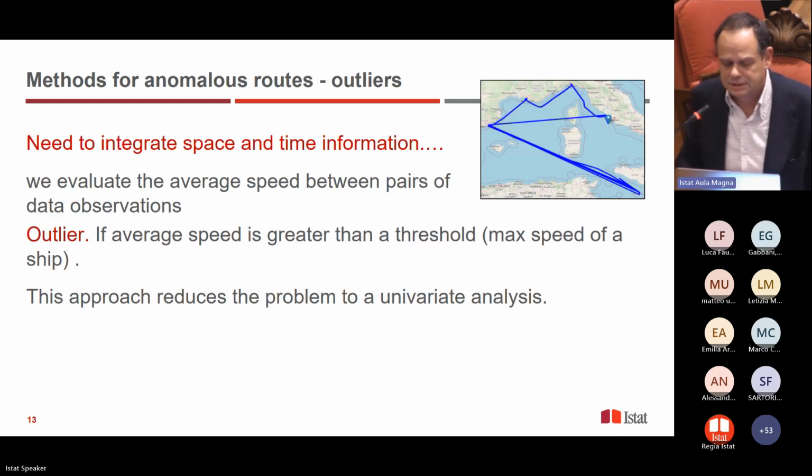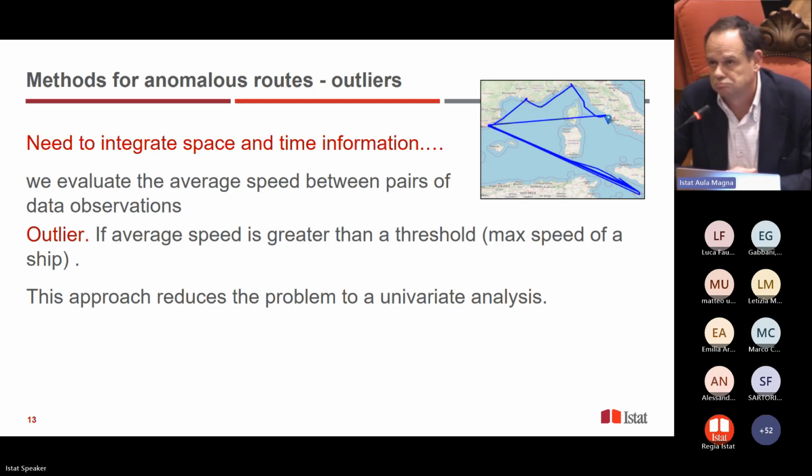The other problem is about the anomalous routes. This is a picture showing what I said before. We don't understand very well from year to year in a while, so it is clearly a problem. So to understand which are anomalous routes and probably errors, we need to integrate space and time information.